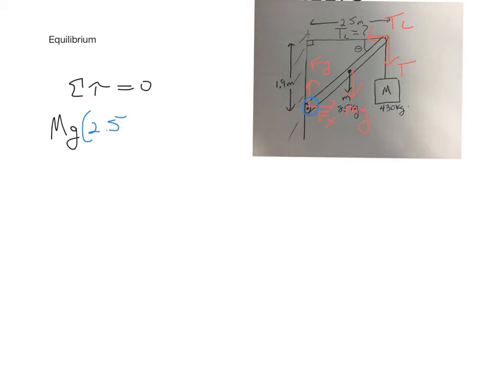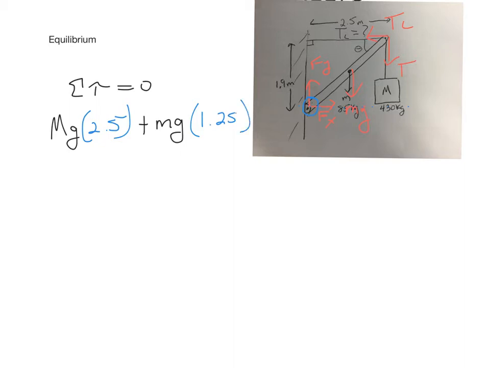as our radius there. We also have little mg, and that is acting a perpendicular distance of half of 2.5. And I messed up.